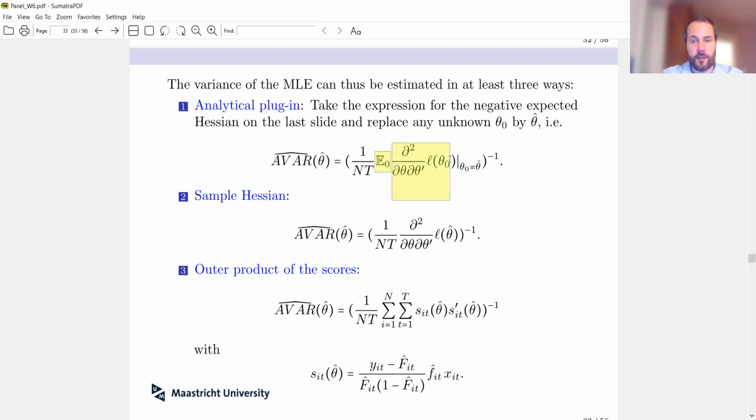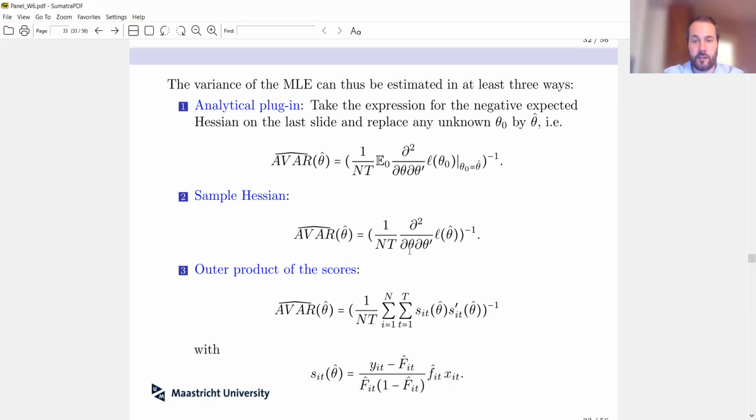This expression will then depend on unknown values, because it will depend on theta 0. Whenever you find a theta 0 in the resulting expression, you replace it by the MLE, and this makes it feasible. You can also simply look at the second derivative of the likelihood evaluated at the MLE.